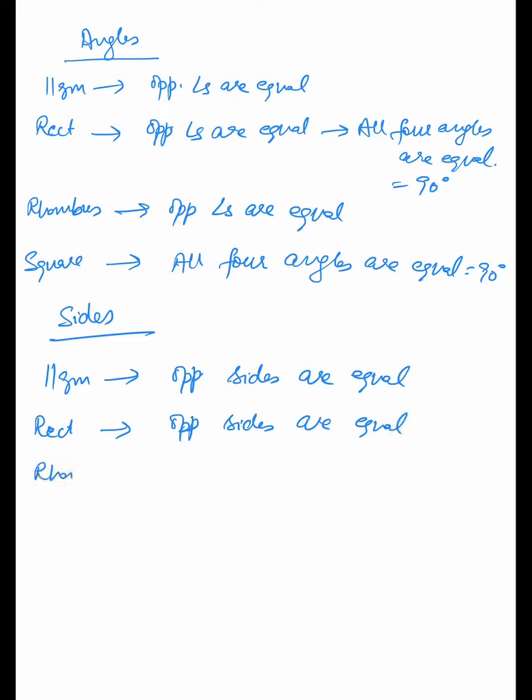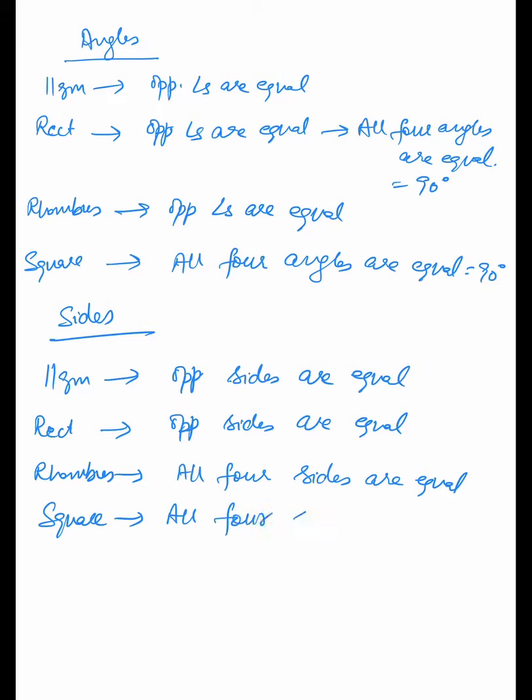In a rhombus we say that adjacent sides are also equal, so we can say all four sides are equal. And in a square, again we say all four sides are equal. Okay. So this is regarding the first four quadrilaterals that we talked about.